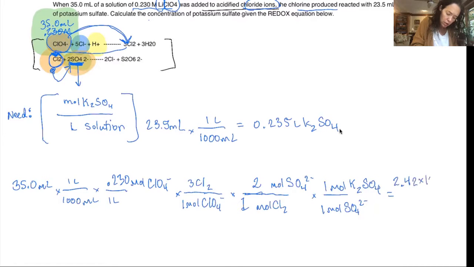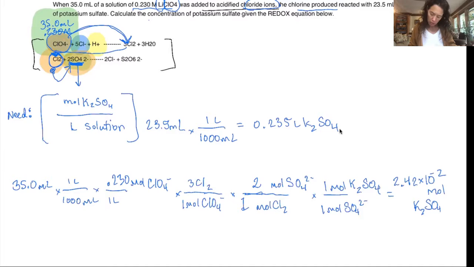and I have 2.42 times 10 to the negative second moles of K2SO4. You know, you might want to do it again, but I look up and it looks like I did it. Oh, no. I didn't get a 6 in there. I only got a 3. So I need to times that by 2.